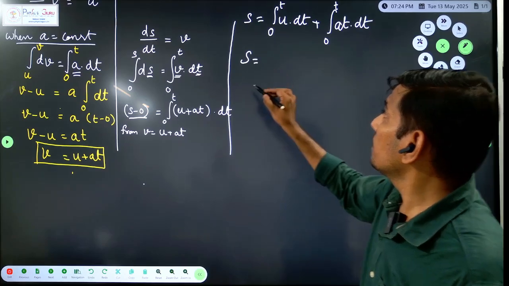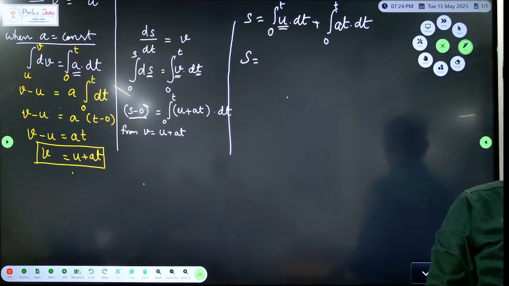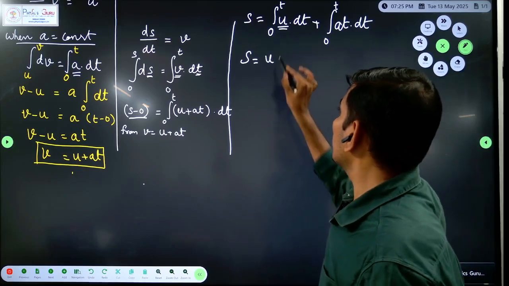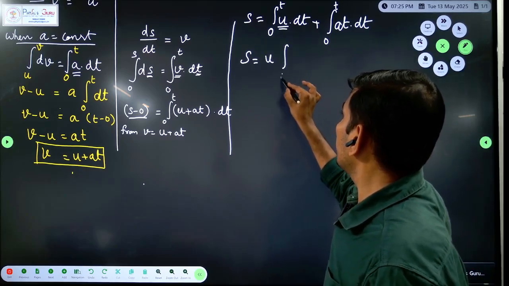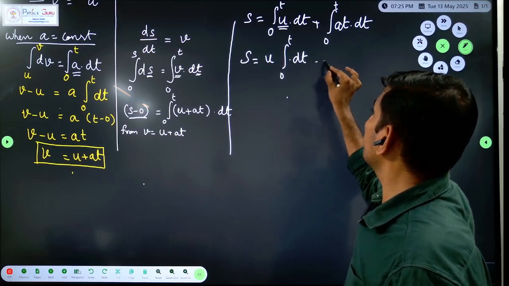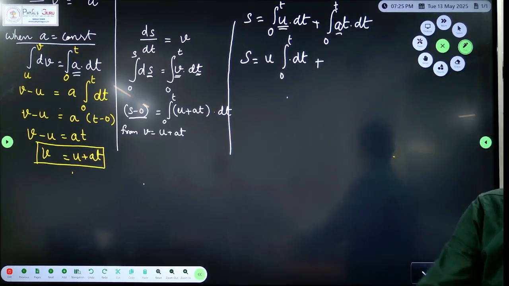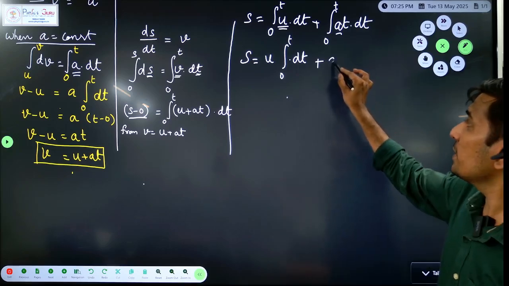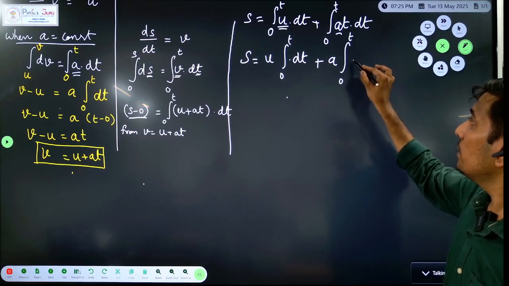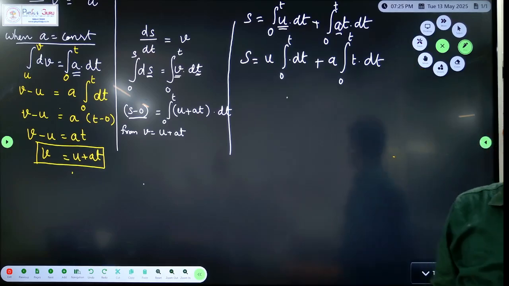S is equal to, u is a constant because that's initial velocity. Initial velocity is always constant. You know that. So initial velocity into integral of 0 to t dot dt plus acceleration is constant. Already we have taken that condition. So acceleration stays outside. Integral of 0 to t dot dt. Now you can proceed.